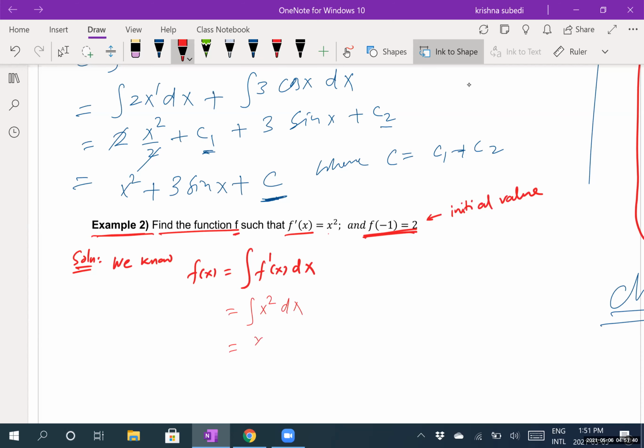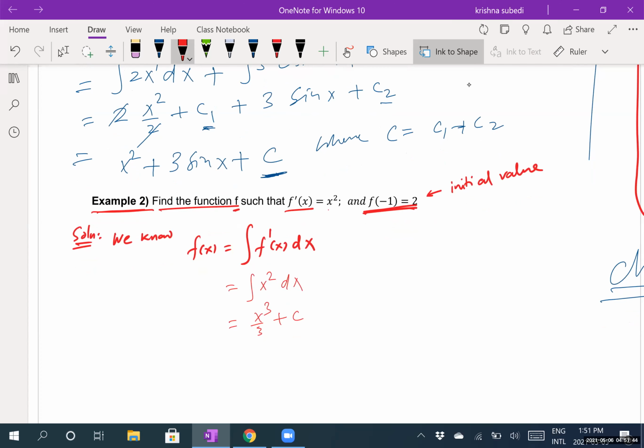So this means x cubed over 3 plus c. Now, the c is the constant of integration. We don't know the value yet. But remember, in the previous example, the initial value was not given. None of those questions had this condition. But now we have the condition. Whenever the condition is given, we will be able to find the exact value of c.